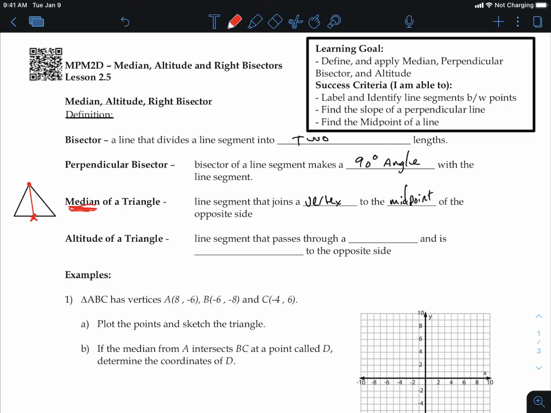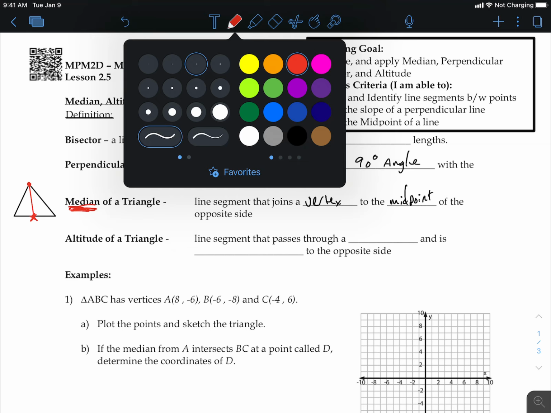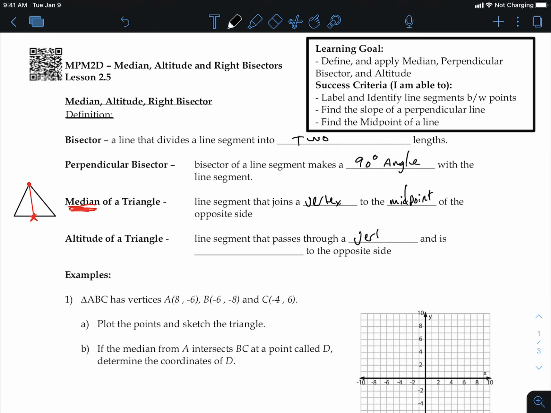The altitude is the line segment that passes through a vertex and is perpendicular to the opposite side. Okay, so that one looks like this.